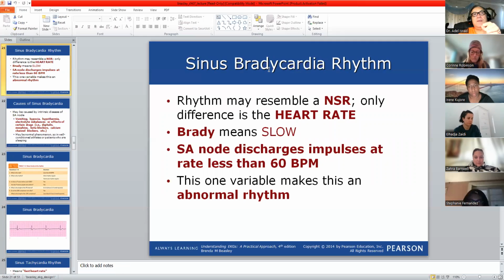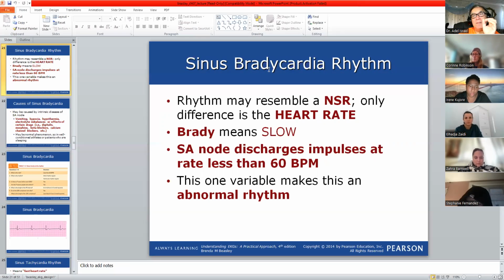Like I told you, if the heart rate has a variation, not within the range like you mentioned, Zahra, if it is slow, we call it sinus bradycardia. That's it. If I ask you, if the patient has sinus bradycardia, should I admit him to the hospital? Should I give him medication? Should I give him whatever? No, not important at all. So it doesn't need any assessment.